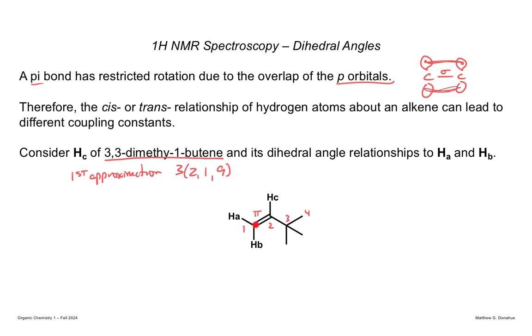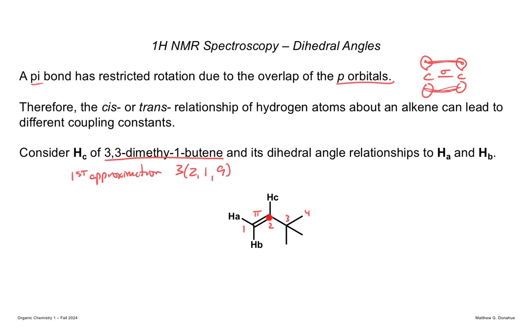So we would say this carbon has 2 hydrogens, so that's a unique set with a ratio of 2. This carbon has 1 hydrogen, and then these 3 methyl groups are equivalent at 9. So to a first approximation, that's fine.